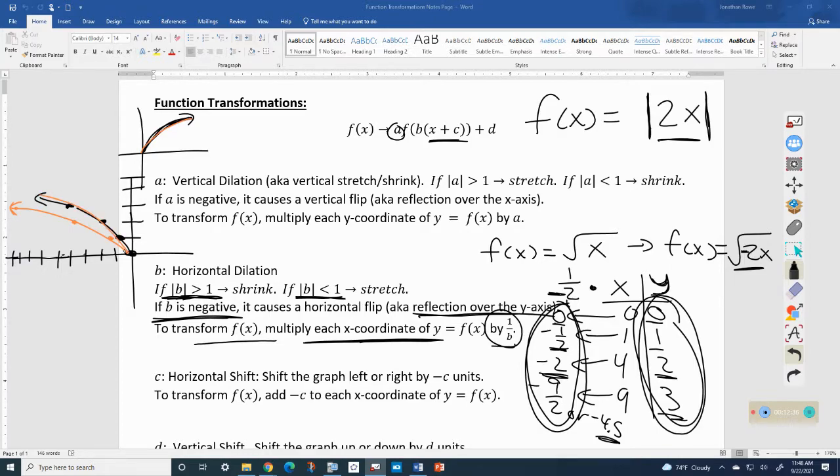And also notice that this would be the parent function flipped if it didn't have a horizontal shrink. So notice how it is shrunk horizontally. Like this one goes horizontally quicker than this one does. This is a little bit slower going horizontally than this one is. So it's like a horizontal shrink. It's a little wider horizontally. So we get that.